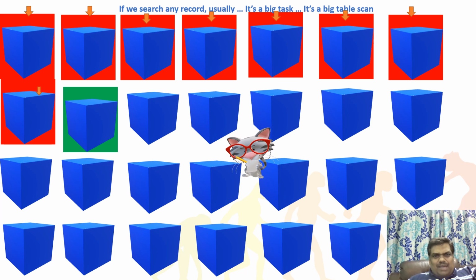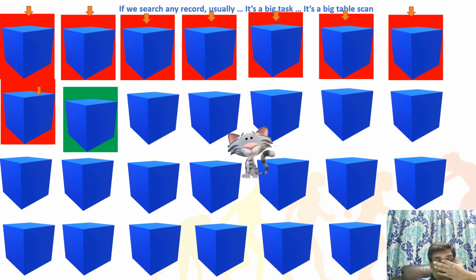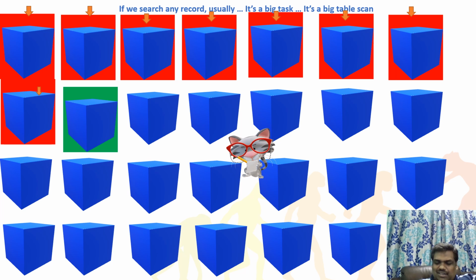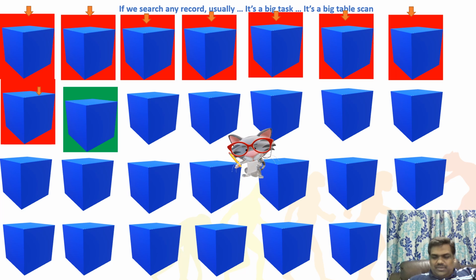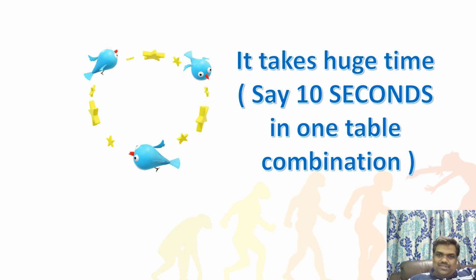It will say, yes, the record is matched. But what happened? It's a big task for me. It's a table scan. I'm wasting my time searching other records. I spent a lot of time, a lot of energy, a lot of computer resources, CPU utilization, memory utilization, disk utilization. In this particular example combination, it takes 10 seconds.